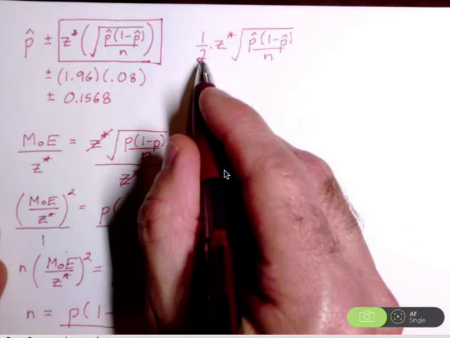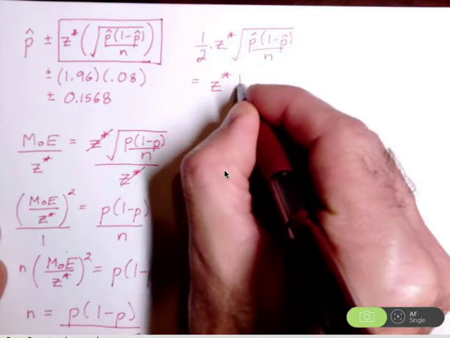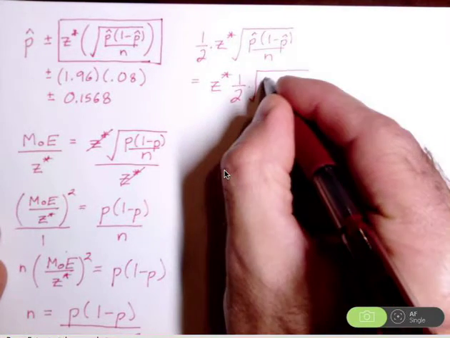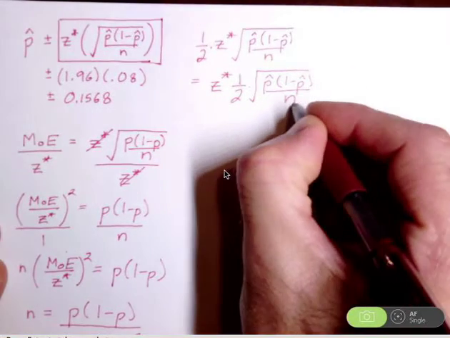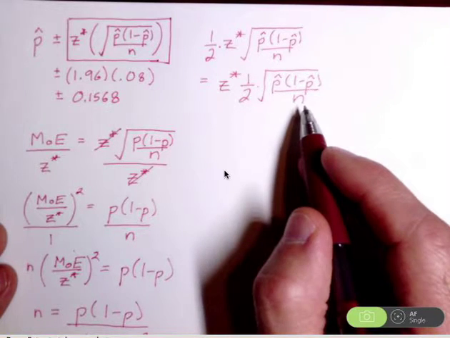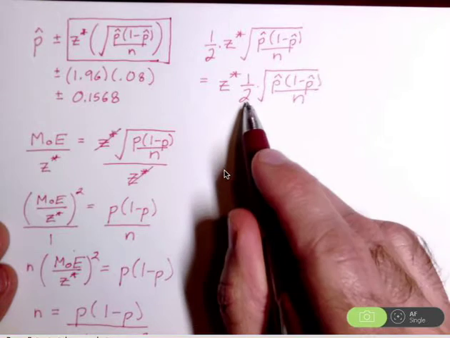So that 1/2, I can rearrange this by putting z star in front, and I'll put the 1/2 next to the radical. And I actually want to take this 1/2 and bring it back under the radical. So what you have to think about, what do you have to take the square root of in order to get a 1/2?